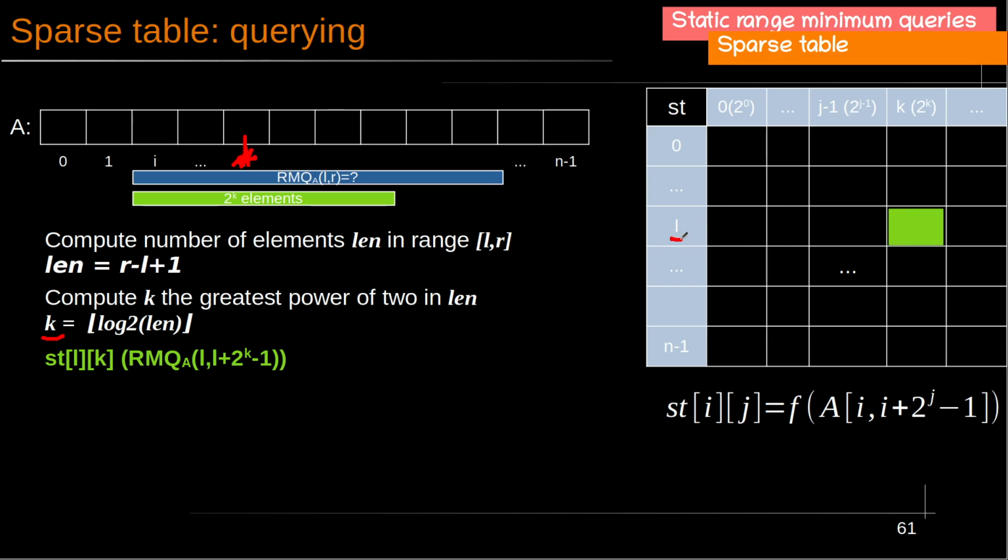This is l. From l we have taken 2 power k cells, as you have seen, the green one.